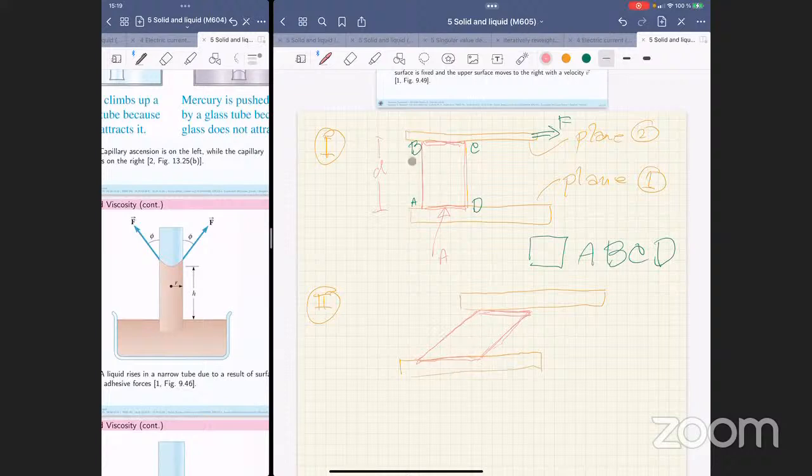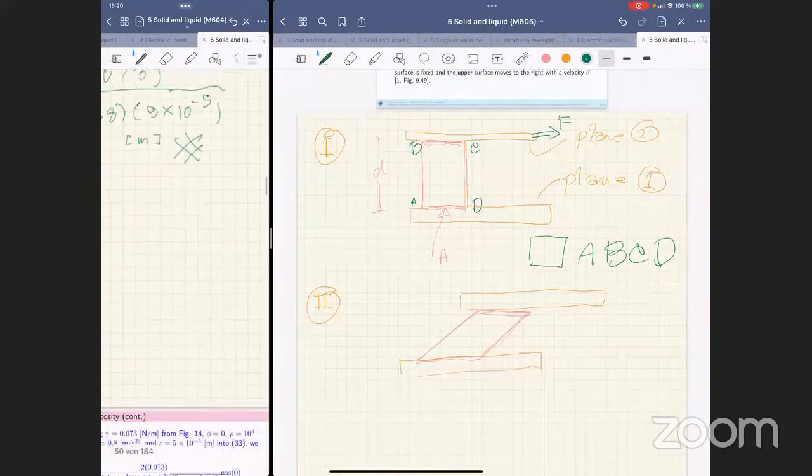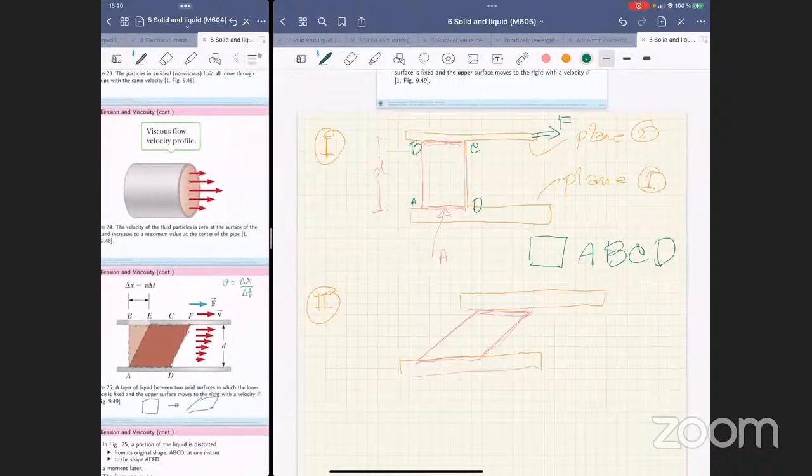The position of each point is now changed, from ABCD to now A, E, F, D, the four corners, like this.